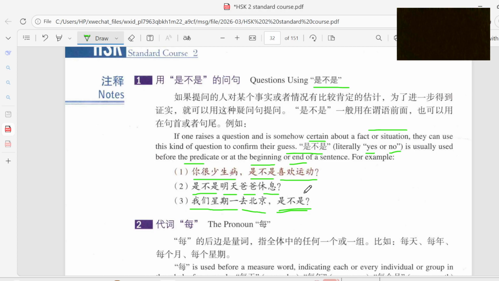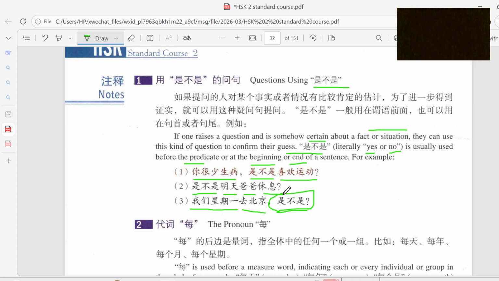是不是, it's very important you hear Chinese speakers using it many times. They like using it, 是不是啊? Because if they don't use it, they think they are commanding you. If he says, "Let's go," you feel like you can't make a choice, you just have to follow the command.